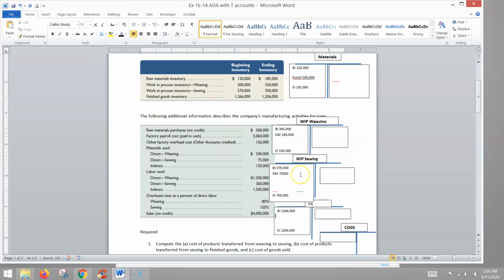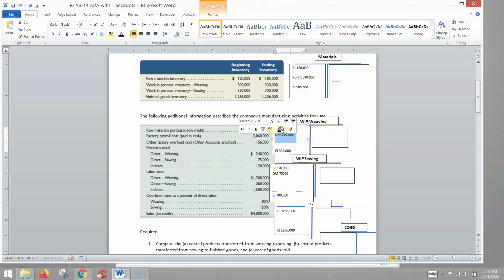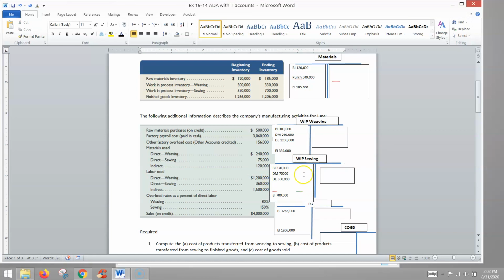Of course, those are both going to be debits. Then we have the direct labor used for weaving and for sewing. Again, those are going to be debits to our work in process accounts. Then we're going to add the overhead, which we calculate as a percent of direct labor.